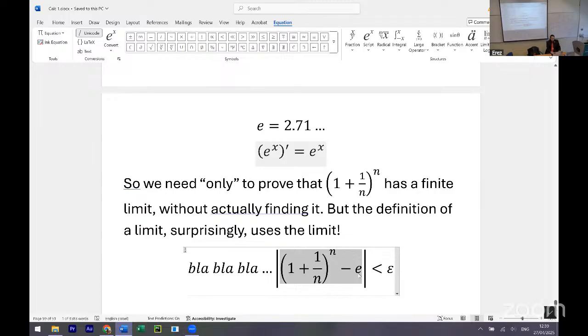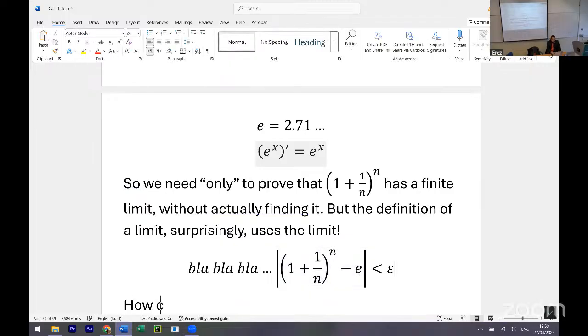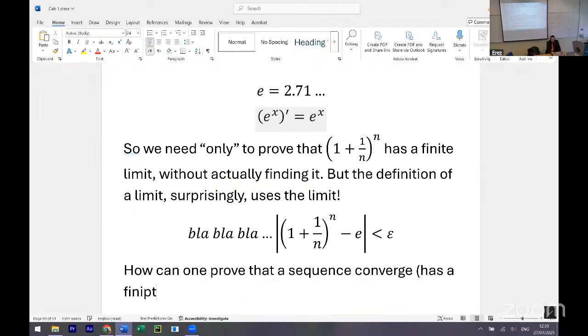How can one prove that a sequence converges, that means has a finite limit, without finding it first?